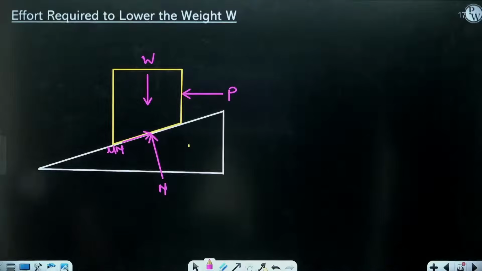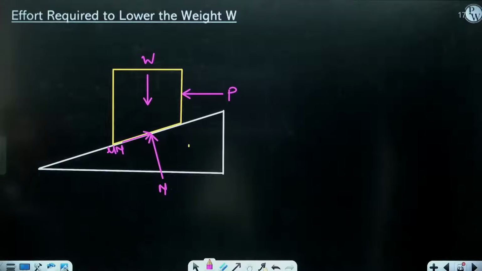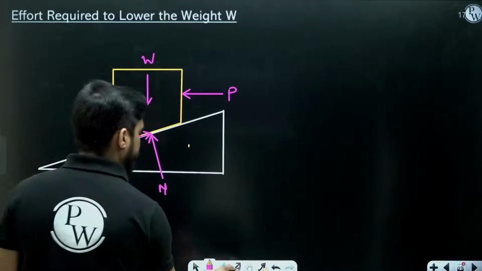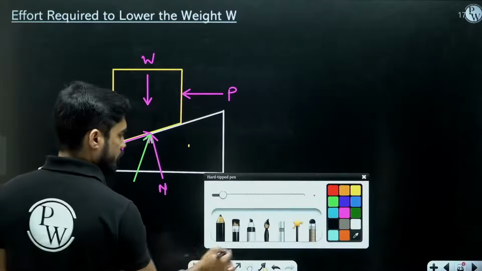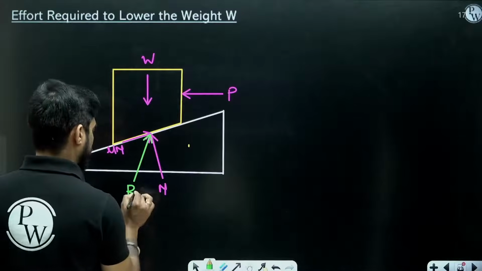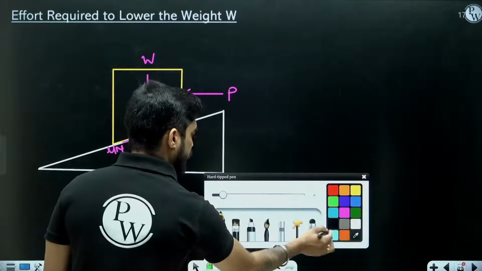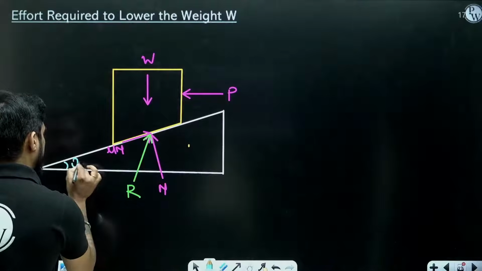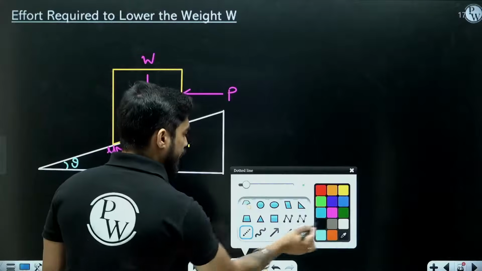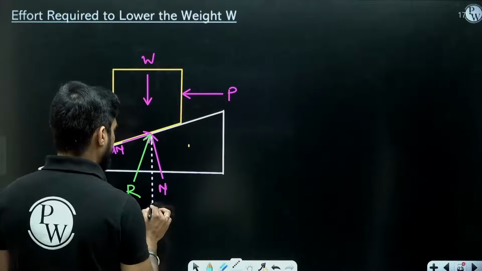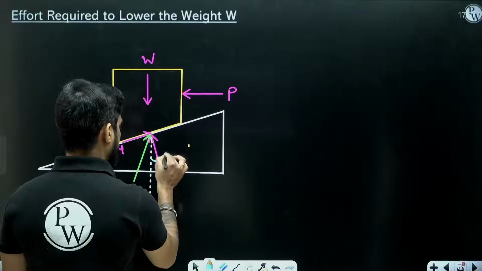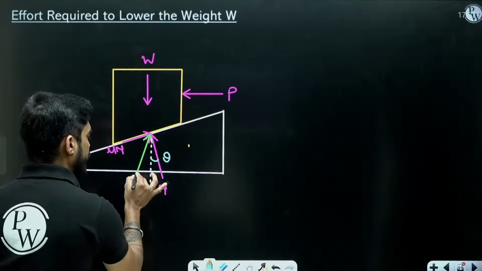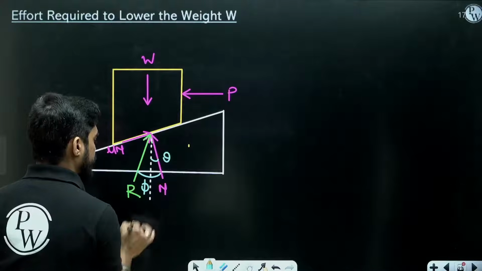Now this time, if I consider the resultant, this is going to be the resultant R. Now understand, this is the angle theta. So the angle between the vertical and N is theta, and the angle between R and N is phi.